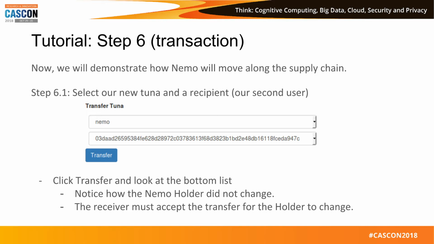We sent Nemo to a second user. Why is the tuna list still showing the previous user? Well, that's because, as I mentioned before, the blockchain is an immutable ledger, immutable records. That means that both users must agree on the transaction.